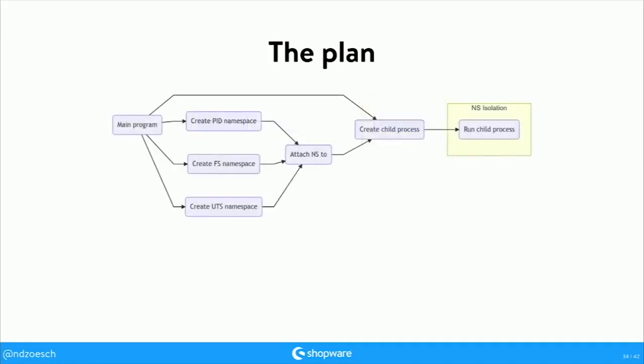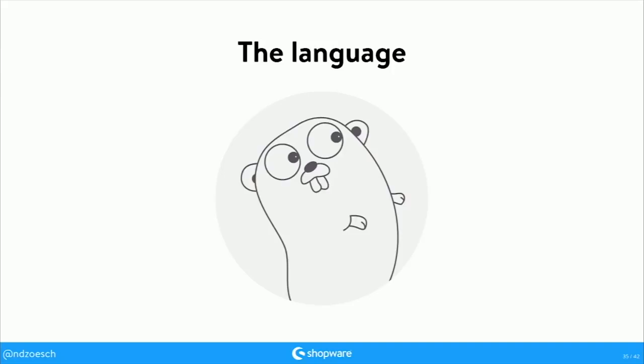To do this, we have to create these namespaces, then attach the namespaces to the child process, and then run it in isolation. The language I will be using to do this, who recognizes this? Go. It's a language made by Google that is statically compiled, yada yada.